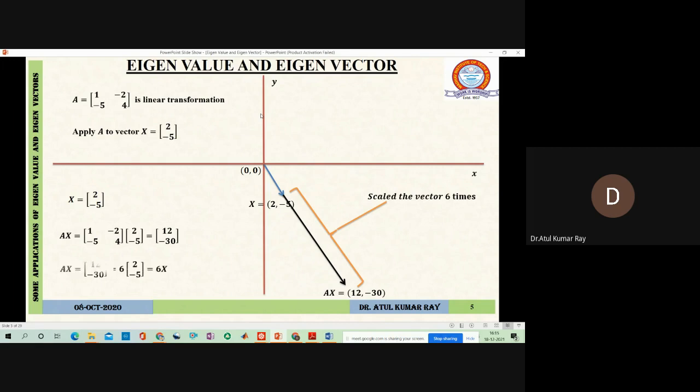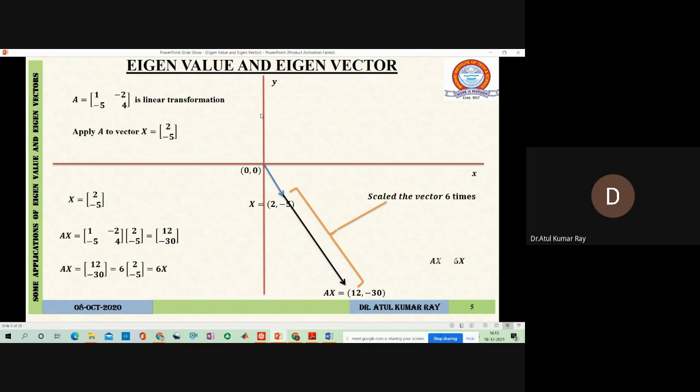So it means this Ax is 6 times this x. If you relate this with the definition, Ax equal to lambda x, the whole story is clear. It means lambda is 6 here, which is our eigenvalue, and this x is the eigenvector.